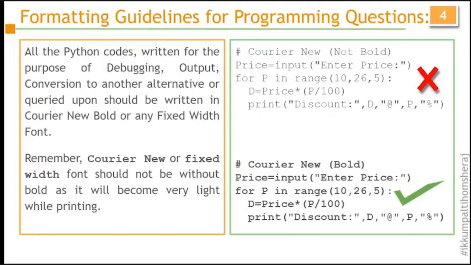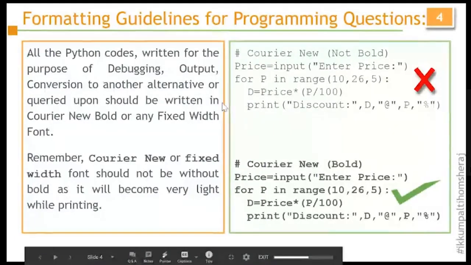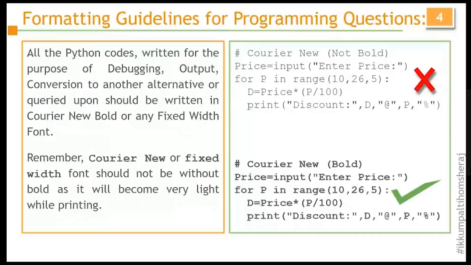Whereas in all other fonts, if you notice the very first line which is seen by you here, look at the width occupied by W and look at the width occupied by I. They are different. W is carrying more width and I is carrying very little width. And that is the reason whenever you format any content in code, it will not be aligned with the remaining part of the code. So it is always advisable to make sure that your font is Courier New and it is bold.